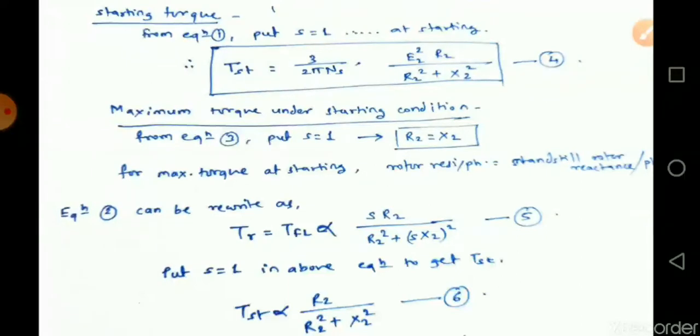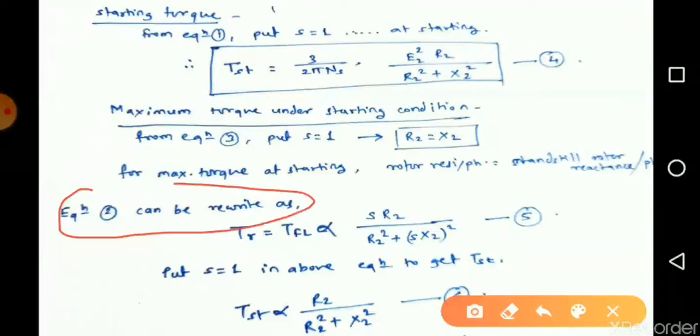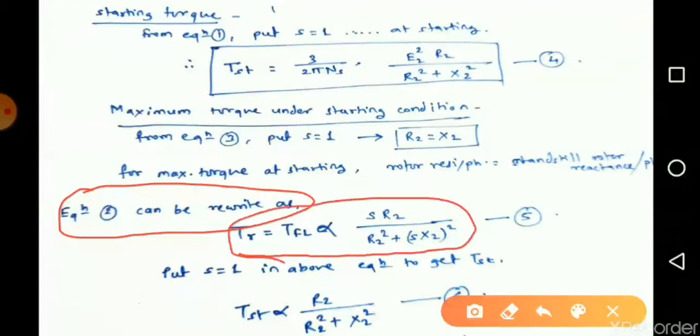Now we derive certain relationships between the running torque, starting torque and maximum torque. Equation number 2 we can rewrite; you refer to equation number 2 from the previous slide. We can write T_R, which is equal to T_FL, is proportional to S R2 divided by R2 square plus (S X2) square.